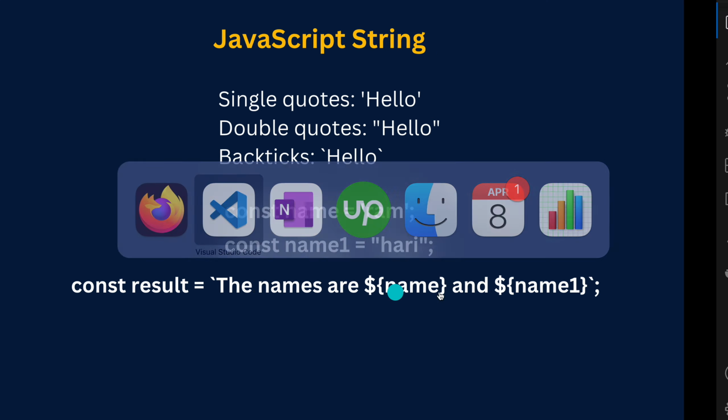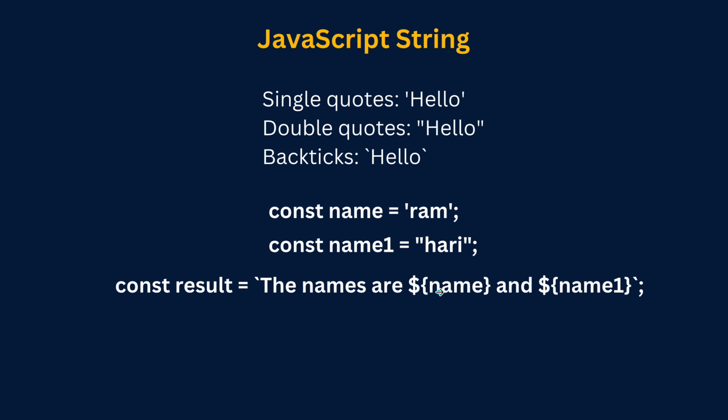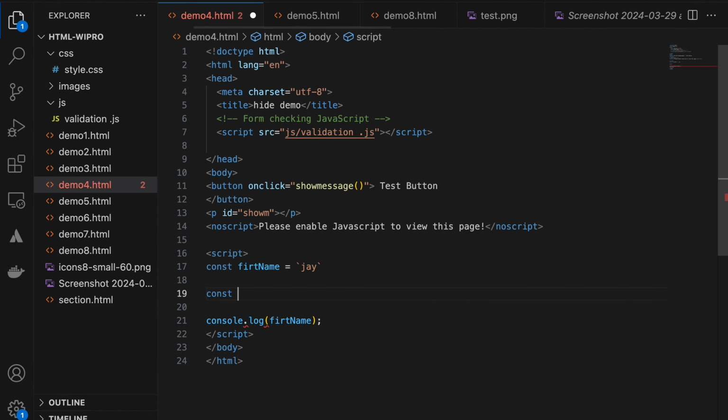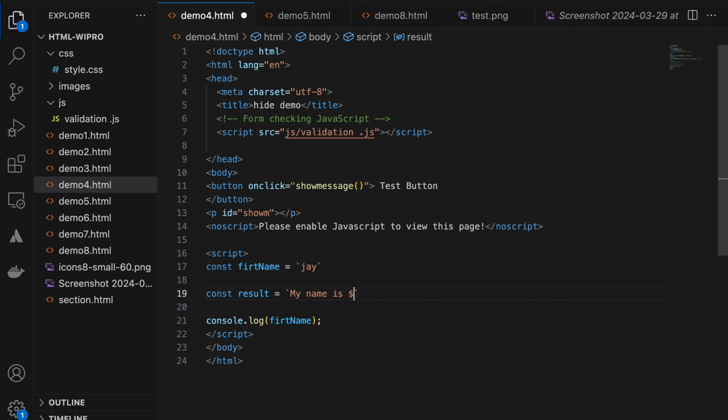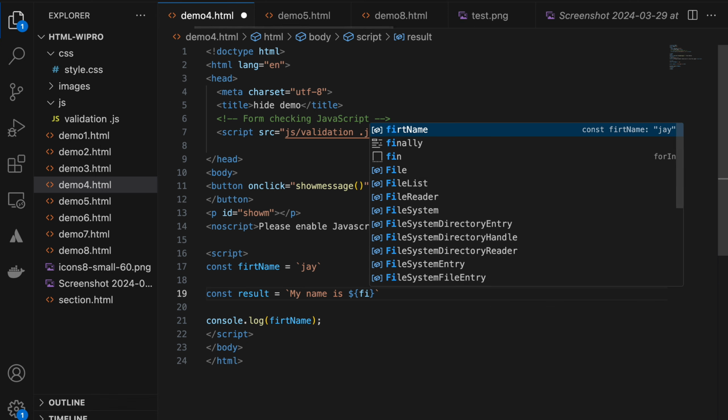I'm writing here const result equal to, backtick, My name is, thereafter dollar, then starting bracket first name.